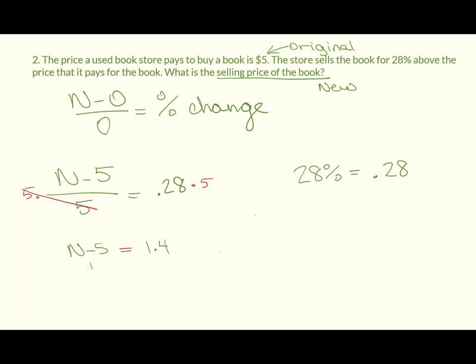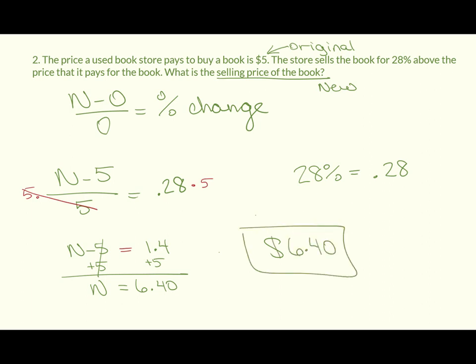Then to solve for n, I would add 5 to both sides, and I would get the new price is $6.40. So you could just write your answer as $6.40. So that's how you use the new minus original over original percent change equation.